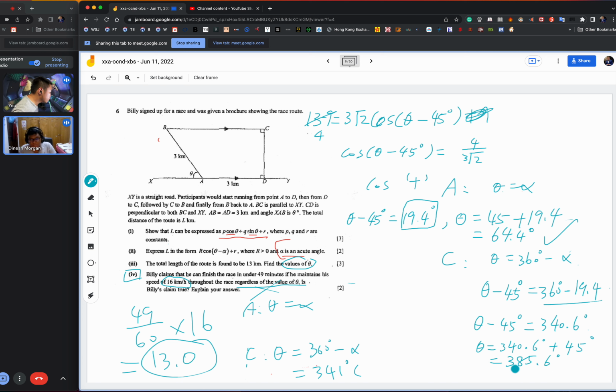Do you know that 385.6 is also theta equals 25.6 degree? So you have these two answers. That means you cannot ignore this one.